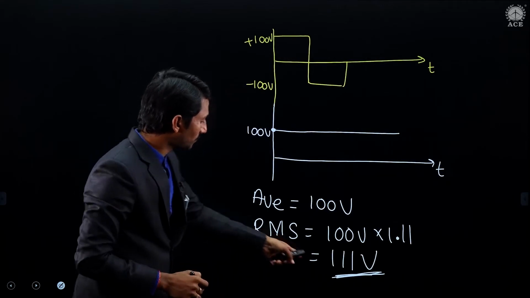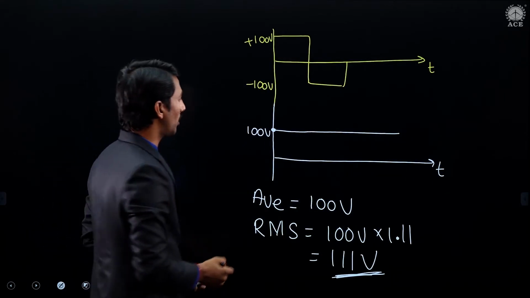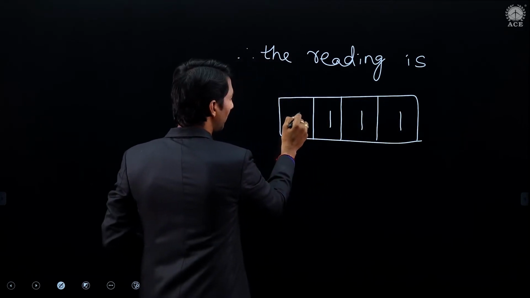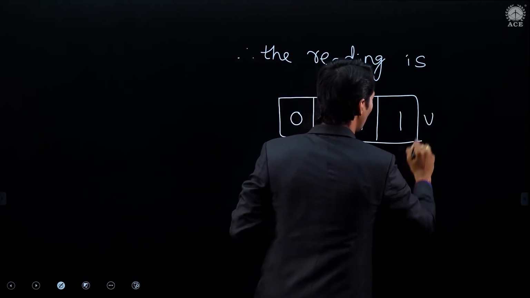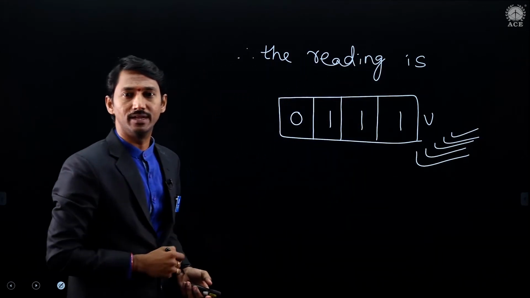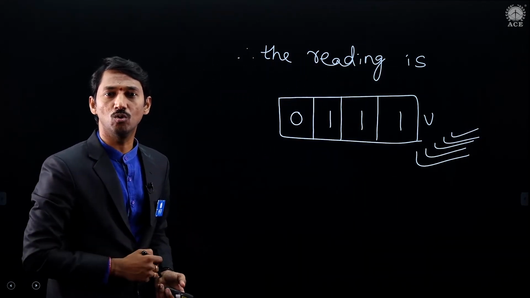What is the value? 111 volt. So automatically it will be 1, 1, 1, and here it will be 0. In this way, the corresponding value will be displayed. So the answer is 0, 111 volt.